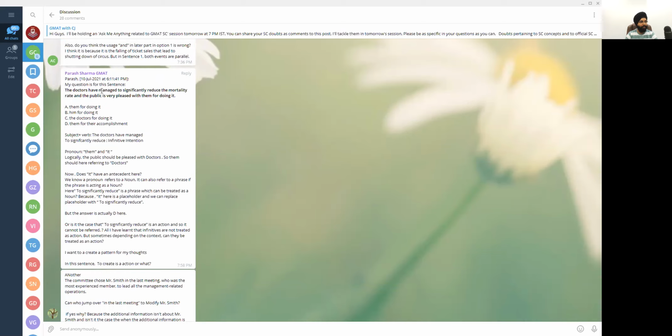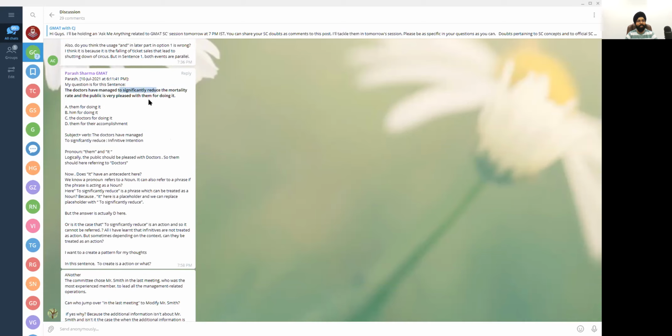The doctors have managed to significantly reduce the mortality rate and the public is very pleased for. So I've read through it. It is not really here trying to refer to significantly reduce, because if you replace that, it wouldn't make sense.